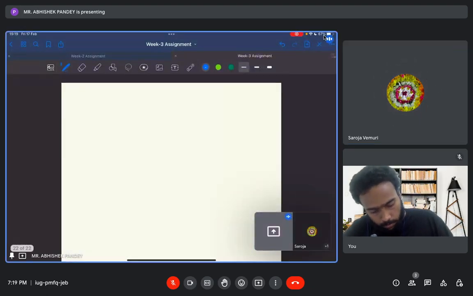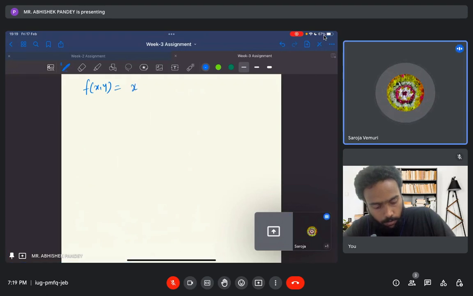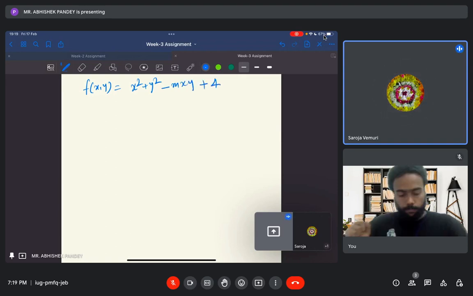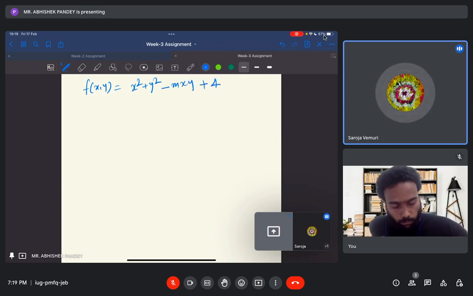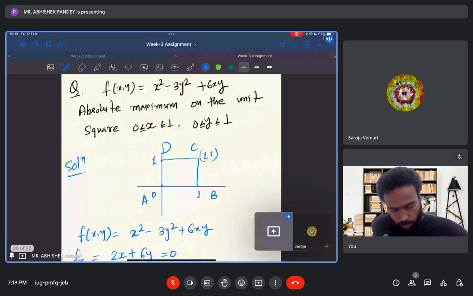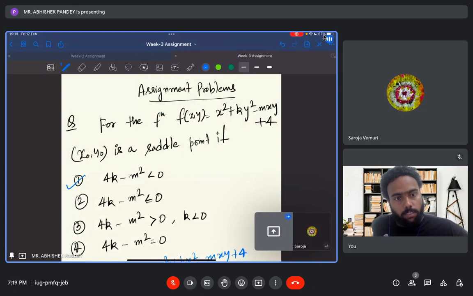The point 0 comma 0 is a saddle point, and we need to find the condition on m. Yes, sir. So this is the same as this question. Find out the m value.